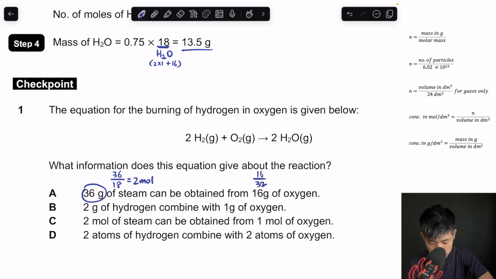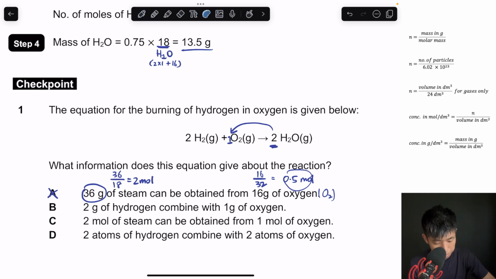Remember, oxygen is O2. So you have 0.5 mole. Is this correct? So the equation says that 2 mole of steam is formed from 1 mole of oxygen. Okay, not 0.5. So A is wrong.